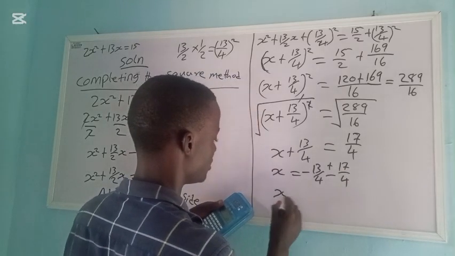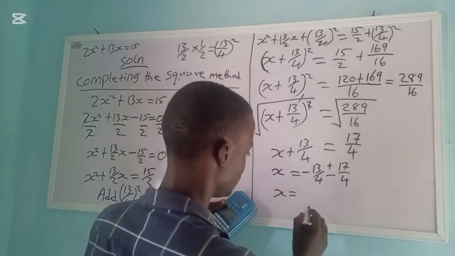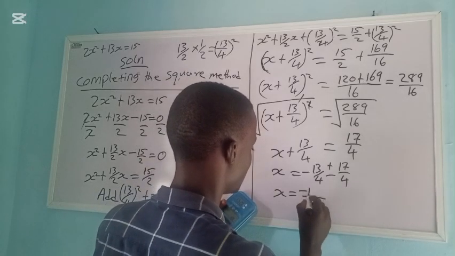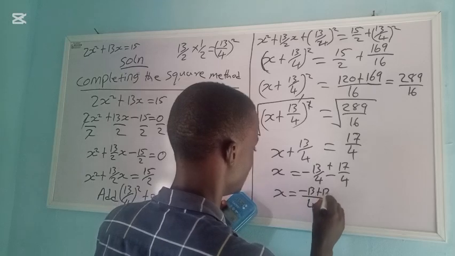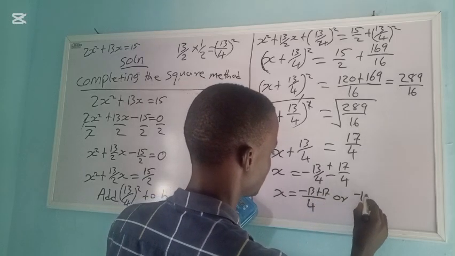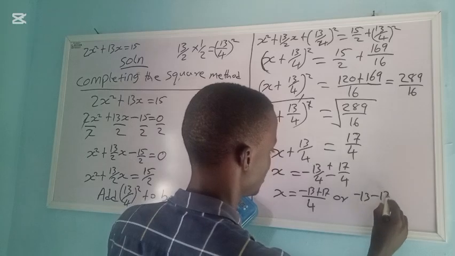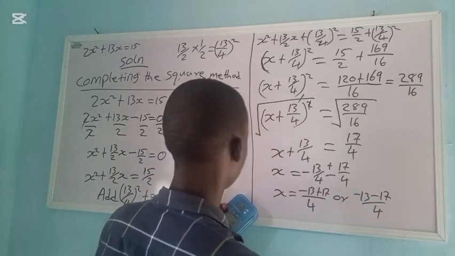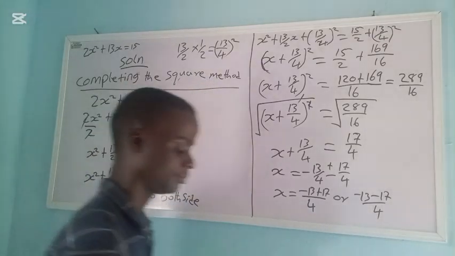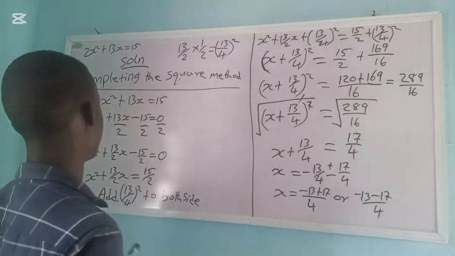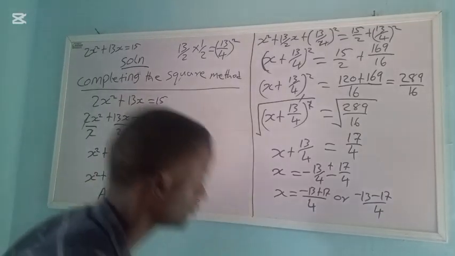So we have x is equals to minus 13 plus 17, or minus 13 minus 17, all over 4. So now, let me cancel this side.